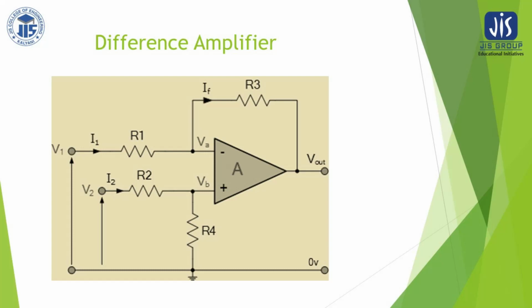So I am rubbing out this thing. We can replace this thing here. Then what we are getting? This is equal to V0 by R2 plus V2 by R1.